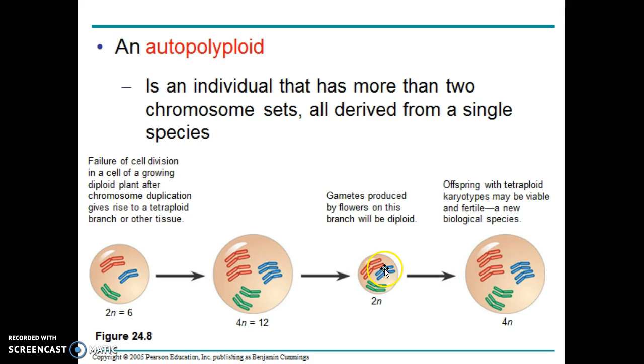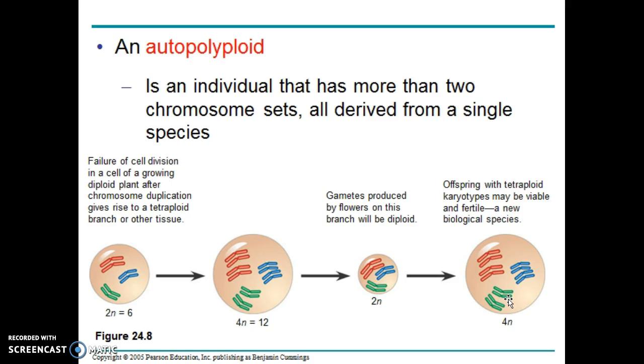So gametes would now be what the original organism was before this happened. That would give rise to organisms that are 4N, and that's kind of what we had happen with plants.